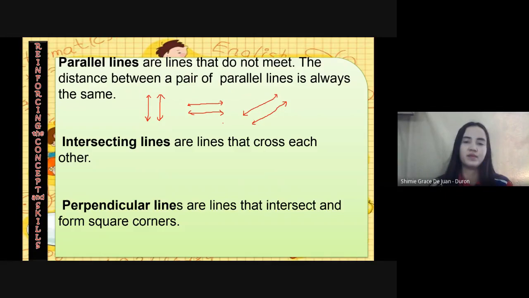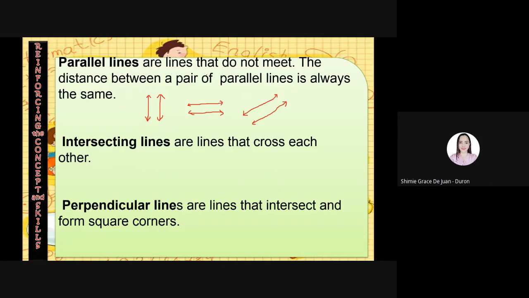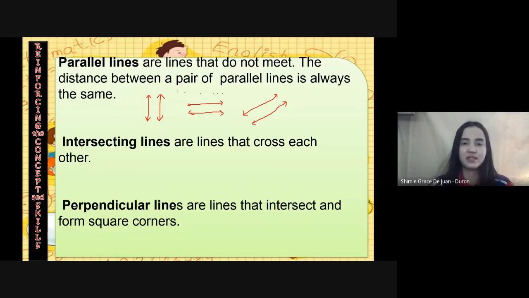So those are just some examples of parallel lines. So again, parallel lines are lines that do not meet. And the distance between the pair of parallel lines is always the same or equal.